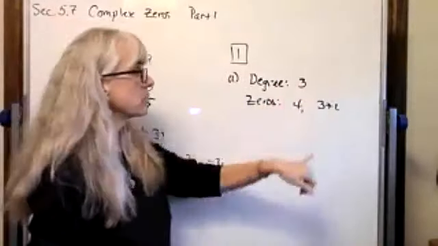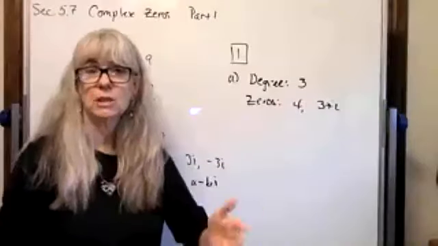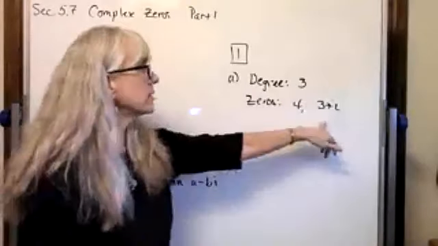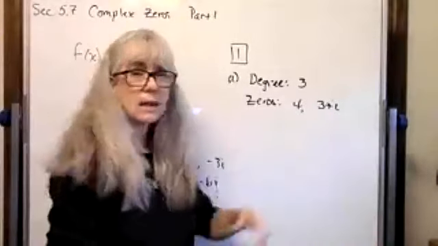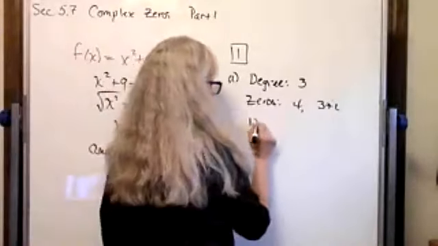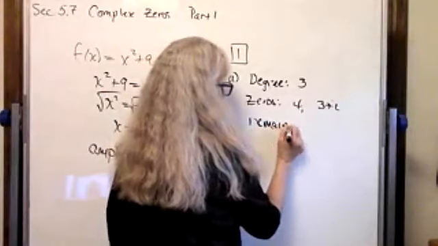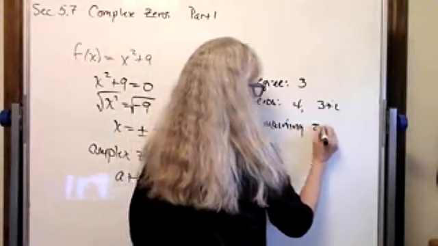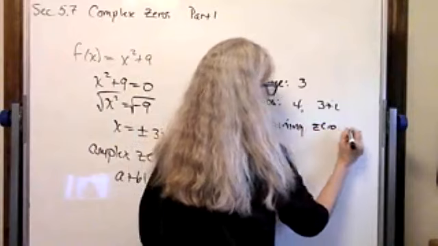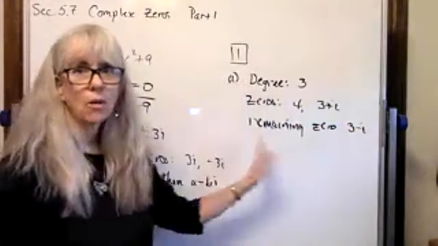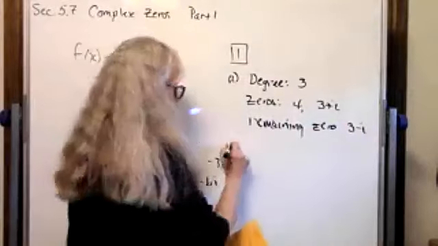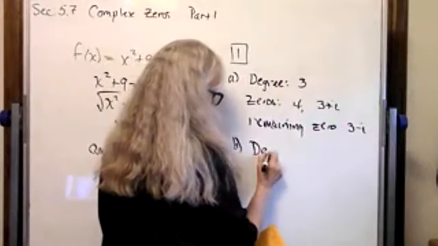It's a degree 3, so I need 3 answers, 3 solutions, 3 zeros. Well, I have 2 of them. Luckily, the conjugate pair theorem tells us that if 3 plus i is a zero, then the remaining zero, the one they didn't give me, is its conjugate, which would be 3 minus i. And it's literally just that simple. That's all they want on that problem. Part B says, okay, what if we have a degree 4?